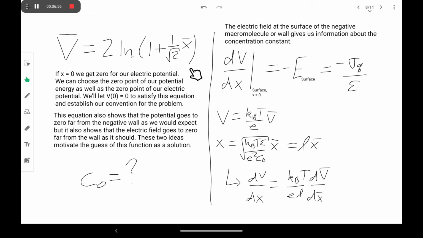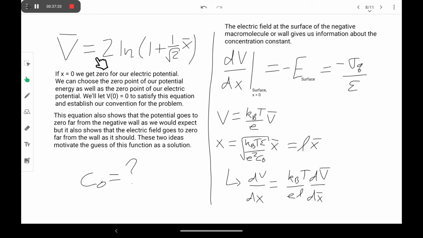The first one is, where is V0? Now remember, V0 is your choice. You can pick V0 wherever you want, but this one's telling us it's somewhere. Because if I plug in x equals 0, I get natural log of 1. And natural log of 1 is 0, so that means at x equals 0, the potential is 0. Now that's fine.